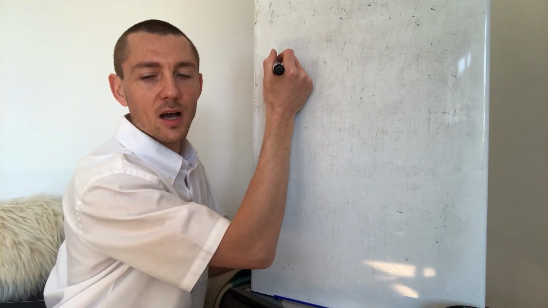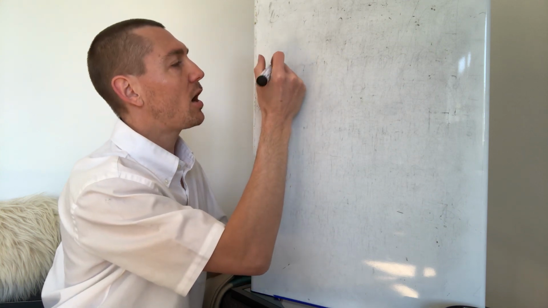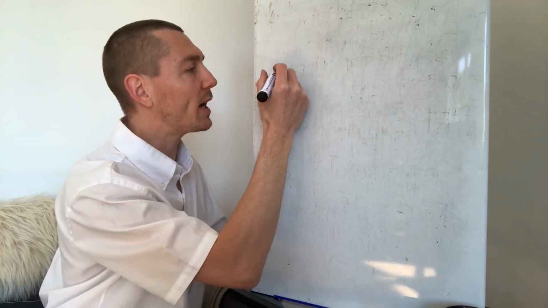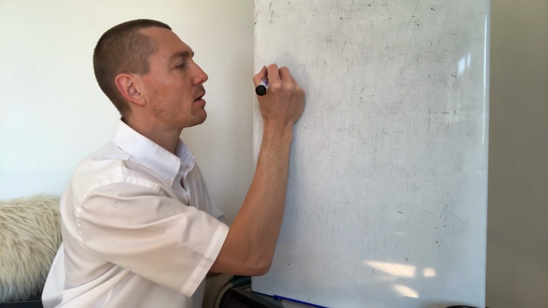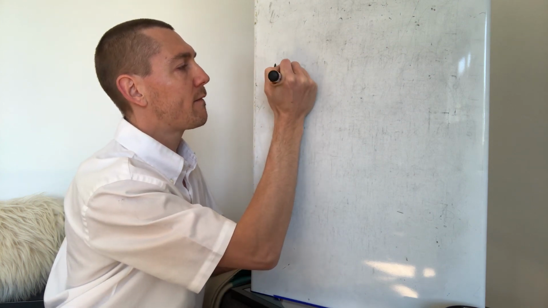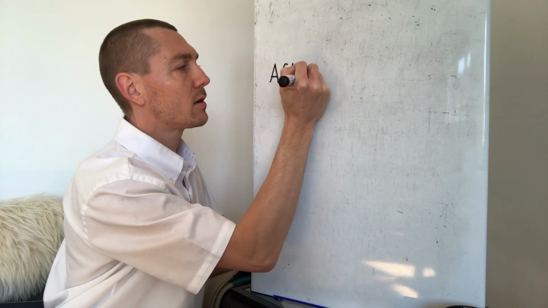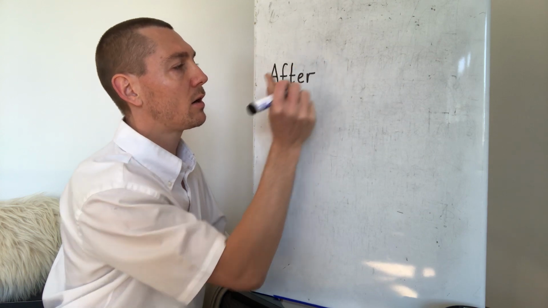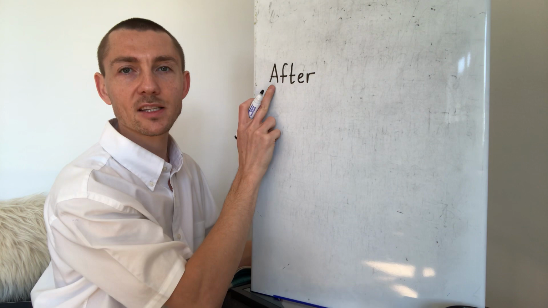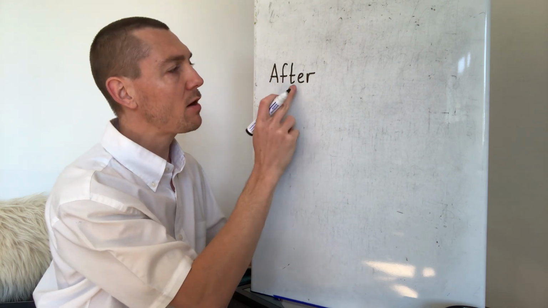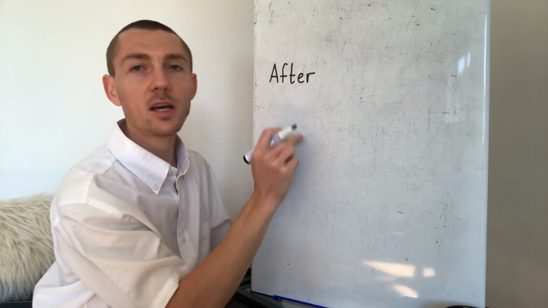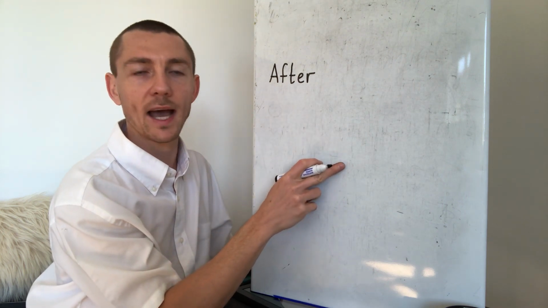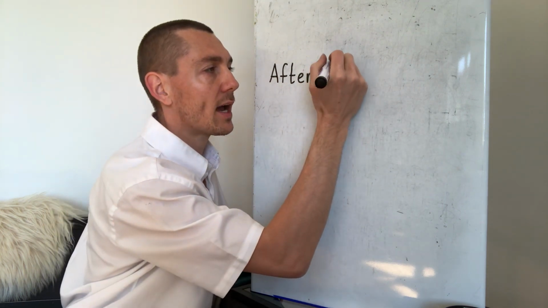So the first word is after. After. So have a try, come back. And we say after. Remember with the A spelling of R. After, next two words. After the cats. Good. After the cats.